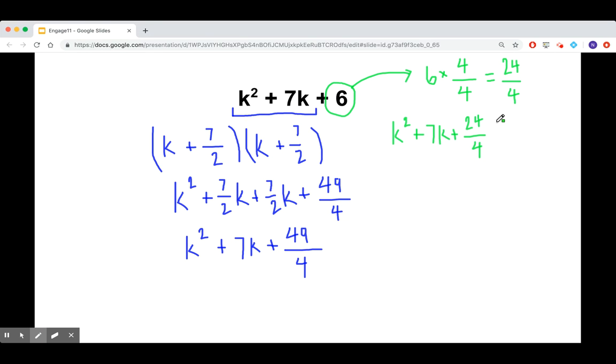In the problem before, we were able to split up our constant to include our desired constant term for our perfect square. However, in this case, 24 over 4 is less than 49 over 4.